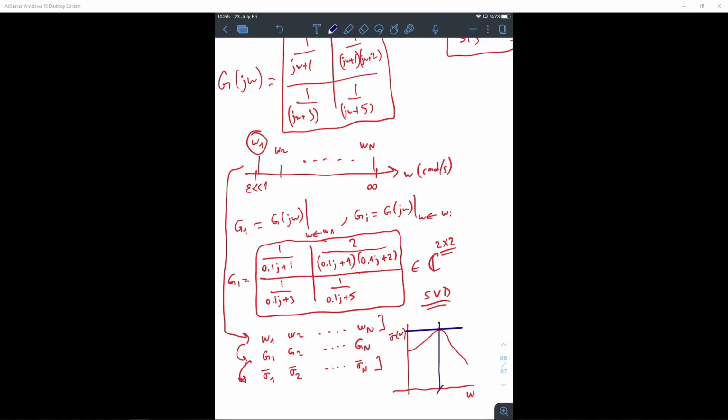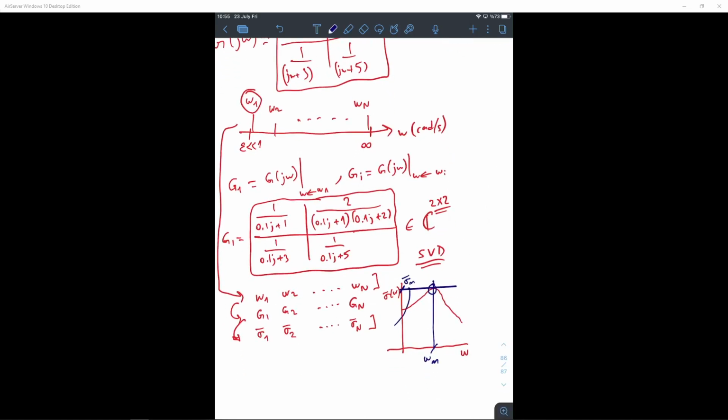This point is omega star, or omega m, rather, I might say omega m, and this point is sigma bar m, okay? And this sigma bar m is the H infinity norm of this transfer function.